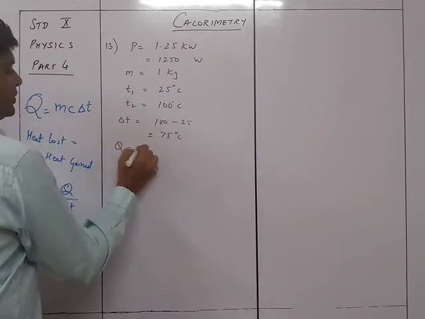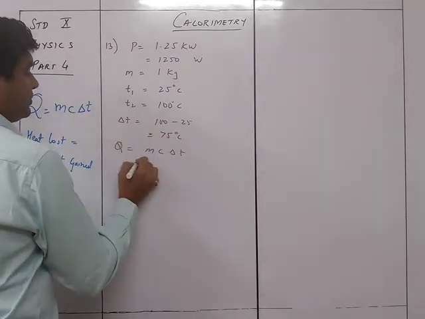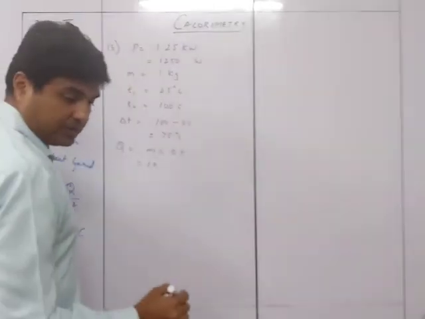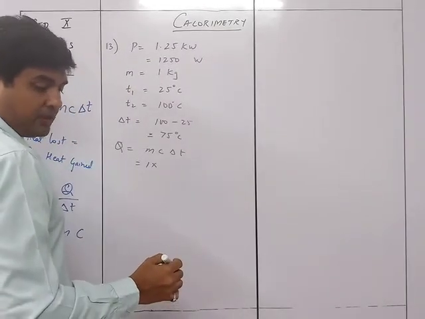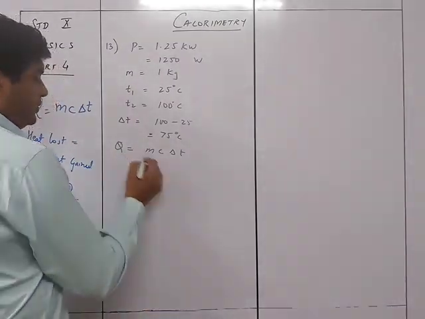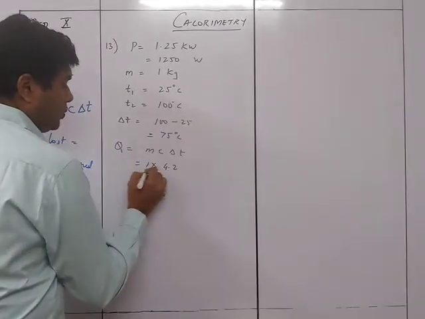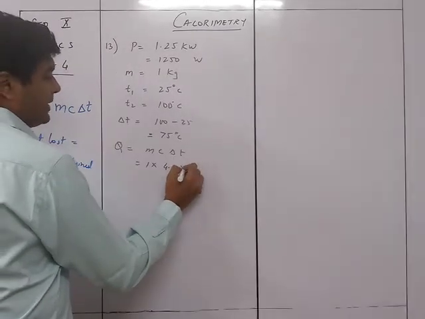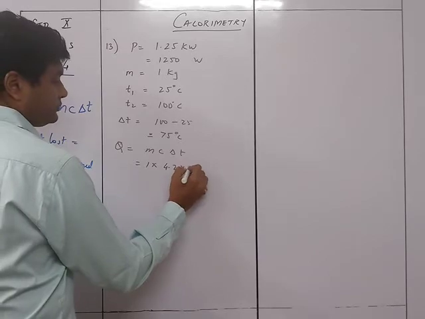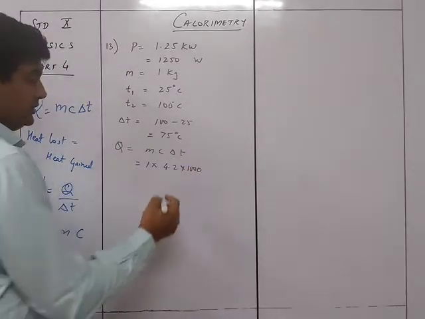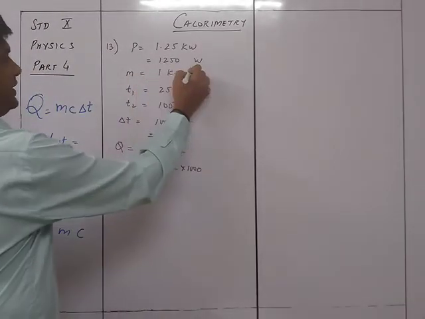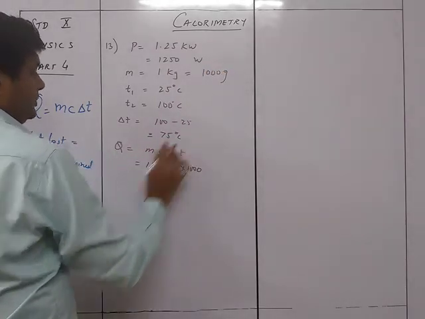We know Q is equal to M C delta T, which is equal to 1 into 4.2, which is given to you. Now since it is given in grams, we multiply by 1000 to take it as 1000 grams.